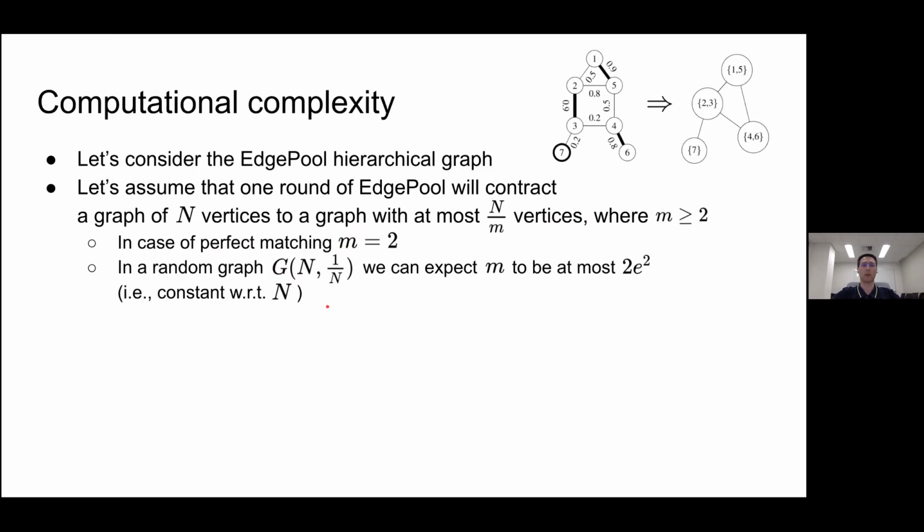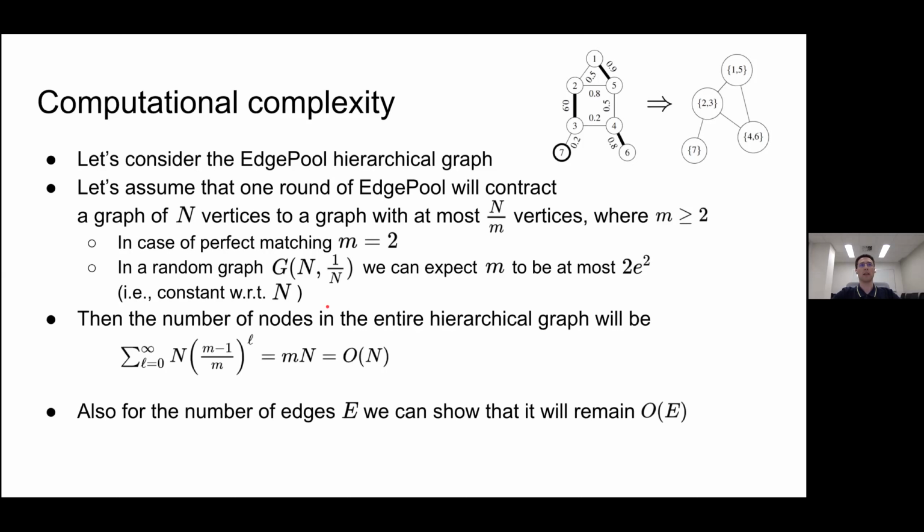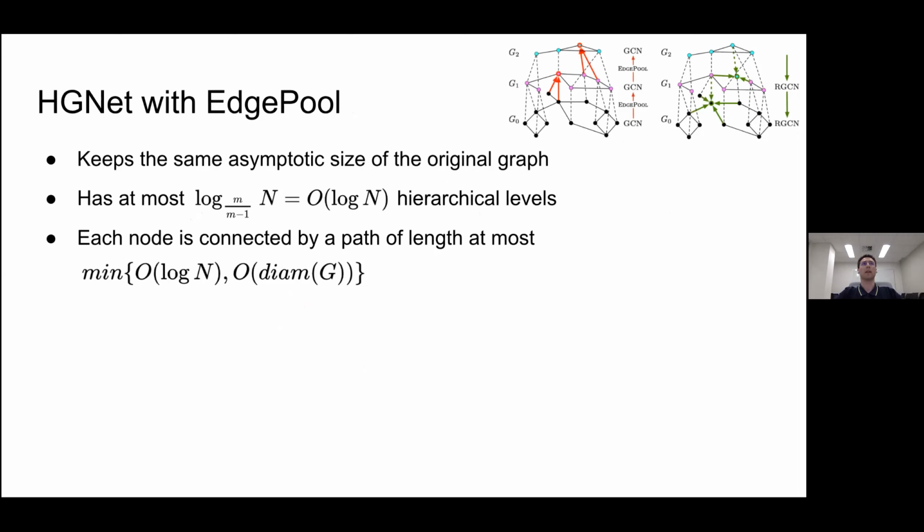So under this assumption that we have this kind of constant, then we can easily compute that the number of nodes in the entire hierarchical graph is going to remain asymptotically unchanged. So it's still going to stay O of n, of the original number of nodes. And for the number of edges, we can do a similar calculation as well. So that means that for the construction with edge pool, we can assume under reasonable assumptions that the size of the graph remains asymptotically the same.